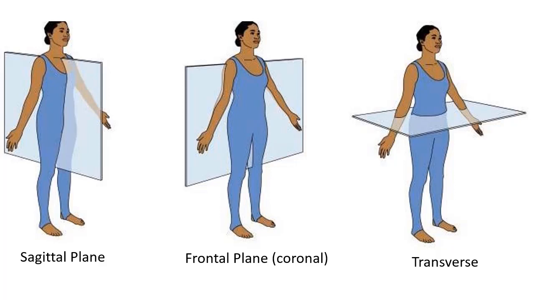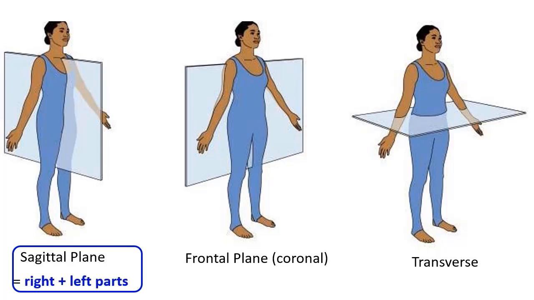Let's look at another example of planes of the body used in anatomy. We have a sagittal plane, and a sagittal plane equals right and left parts.